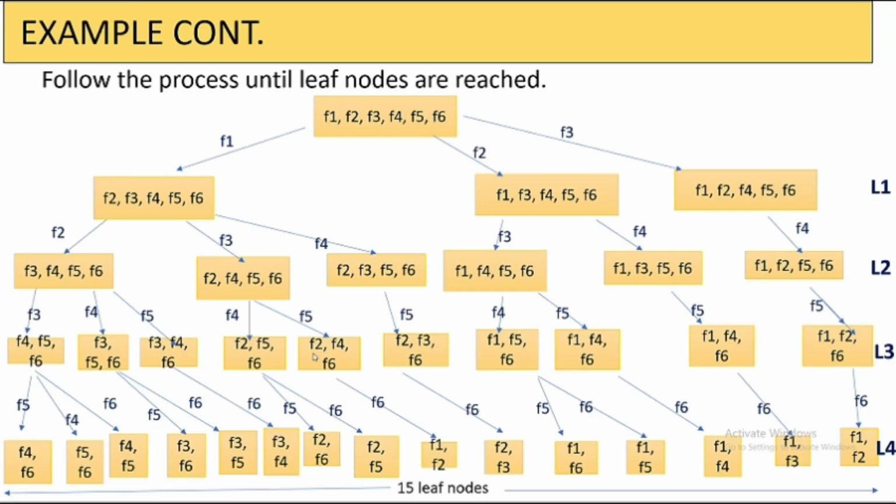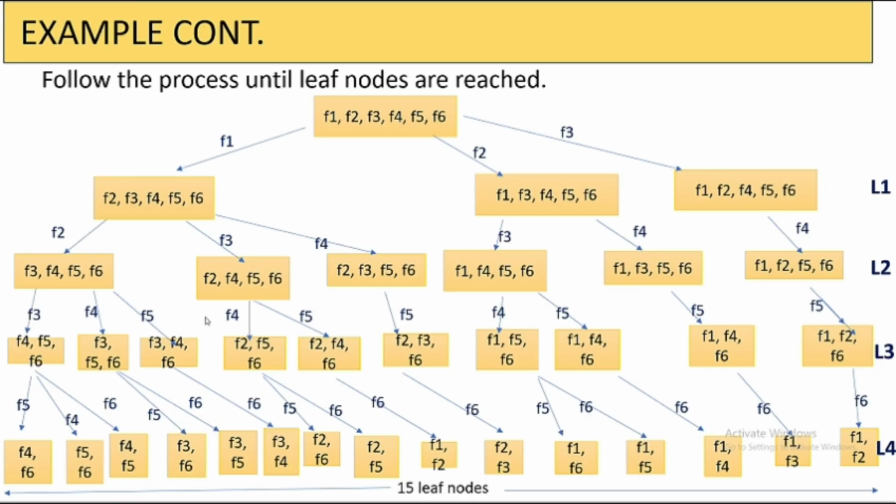Then again, I have to remove one feature and create the other child nodes. From this node, I have removed f3 and created this node. Again, I have removed f4 and created this node, and again, I have removed f5 and created this one.